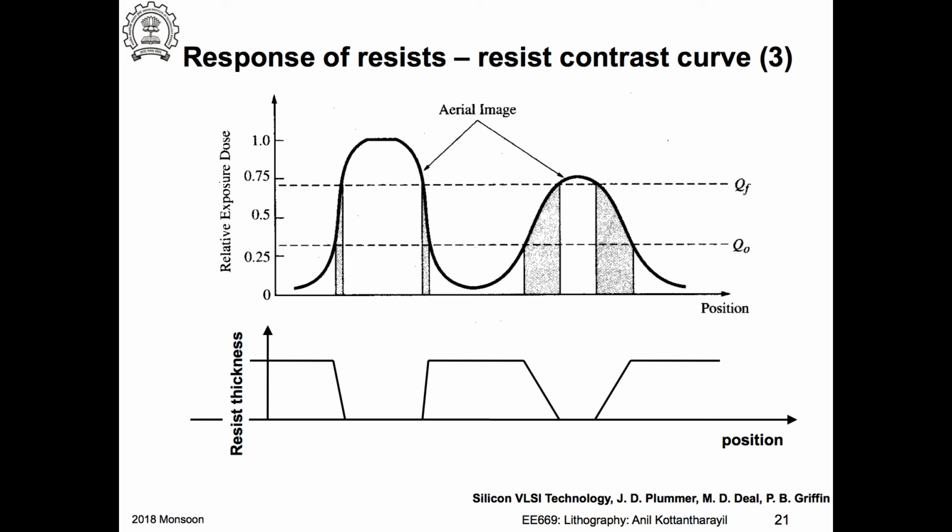Okay, so this may look a little bit fanciful, but people do all kinds of tricks to get here. One of them is actually to deposit two different photoresists. Okay, two different photoresists.